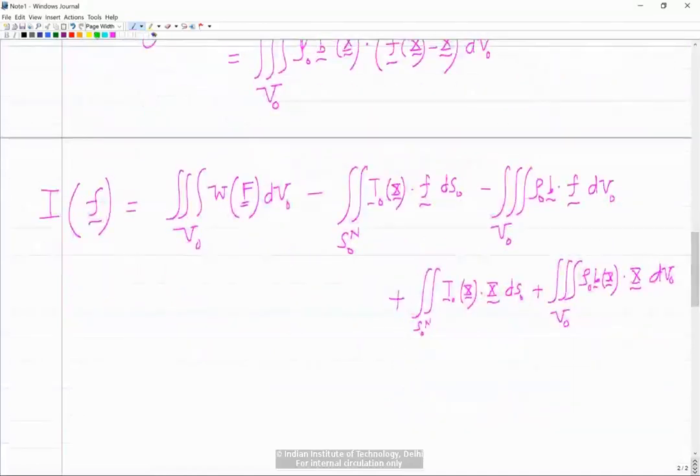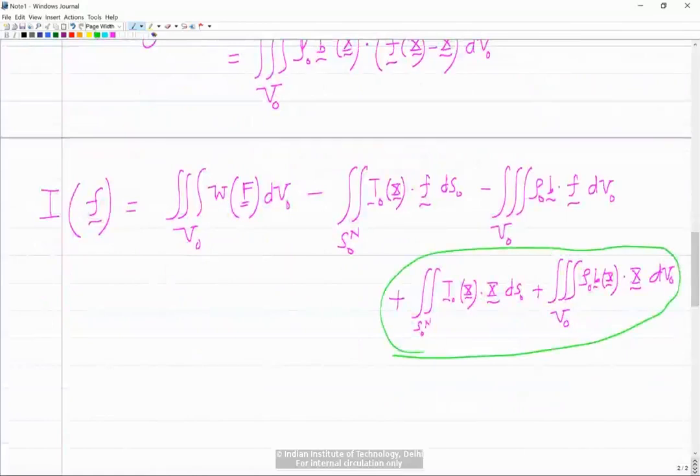But interestingly, these last two terms, it's a constant. So it is independent of the configuration. So when you minimize this potential energy by changing this small f, the configuration, which you have to find out, right? So you have to find out for what configuration this potential is going to be minimized.